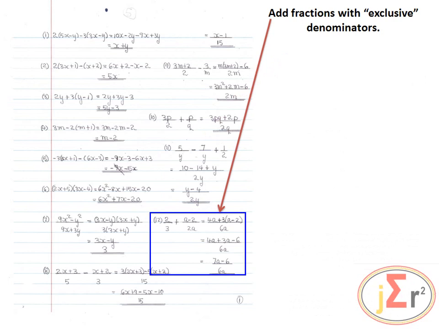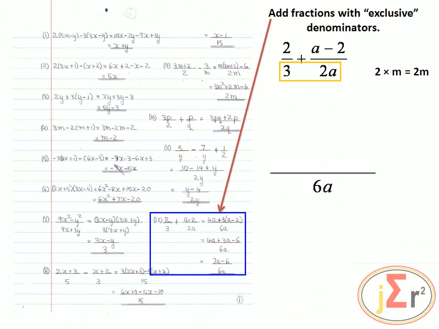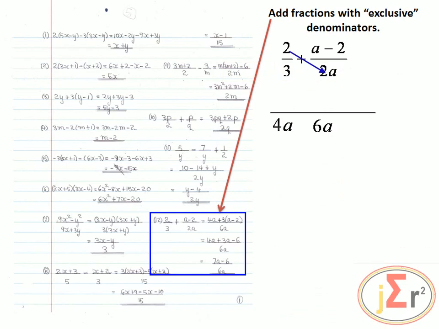Add fractions with exclusive denominators again, and no doubt we multiply those denominators and we multiply those, and we do that again, and what do we have?